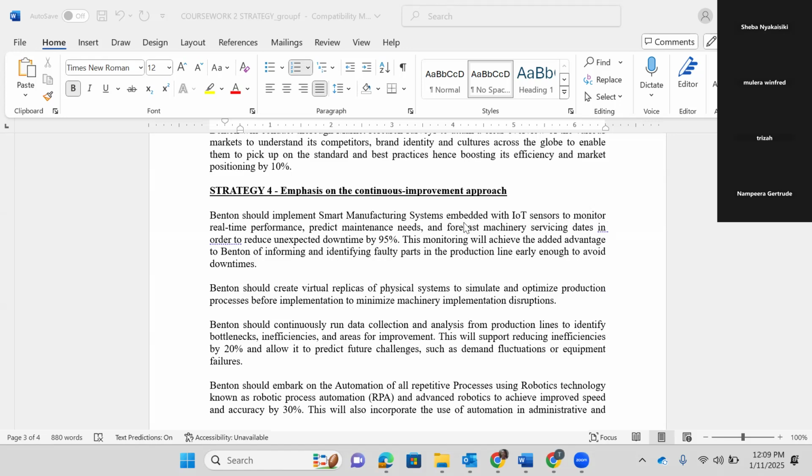This monitoring will have the added advantage of identifying faulty parts in the production line early enough to avoid downtime. And remember, this is also among the 4 goals of the Benton Manufacturing Company.